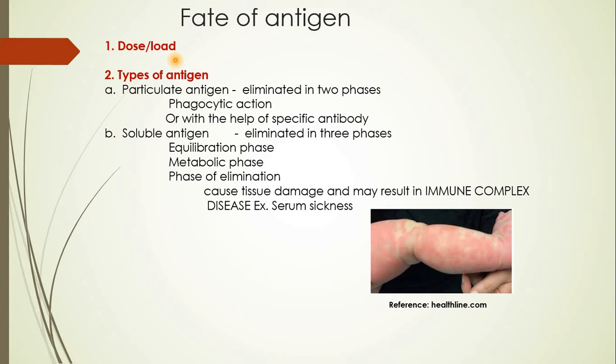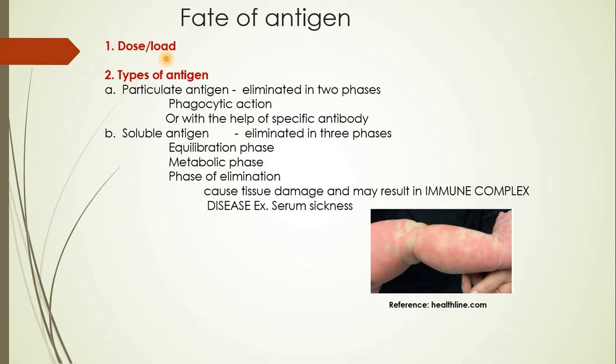You all know that a specific load of antigen is very essential for development of disease. Supposing a small number of antigens enter the body, they will not cause any disease, because immunocompetent cells will kill the antigens, and therefore the effect of the antigen will not be observed.